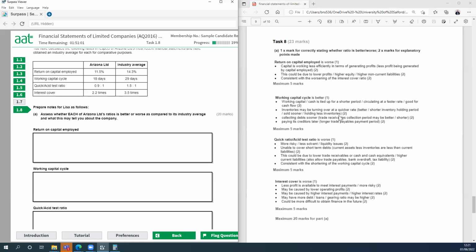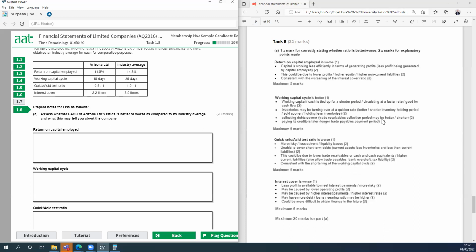So inventories may be turning over at a quicker rate, so it could be to do with your current assets. So shorter inventory holding period, which is the working capital cycle, that's right. But working capital is your current assets over current liabilities. It could be that it's better that you're collecting your debt sooner.